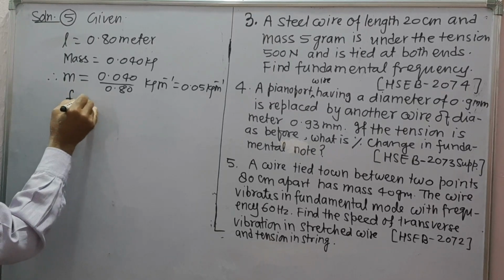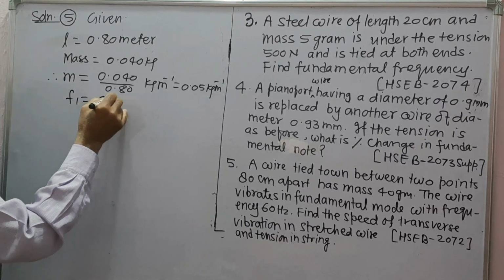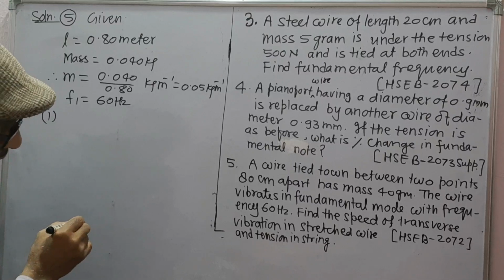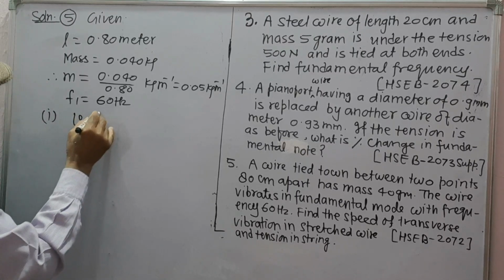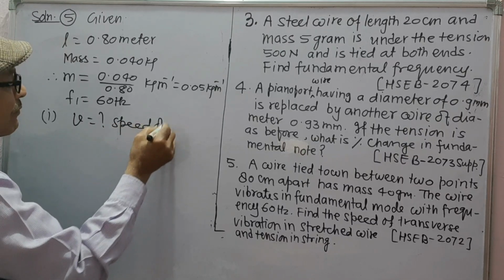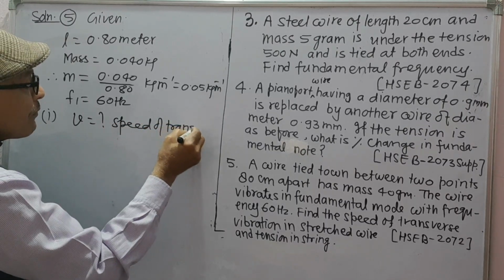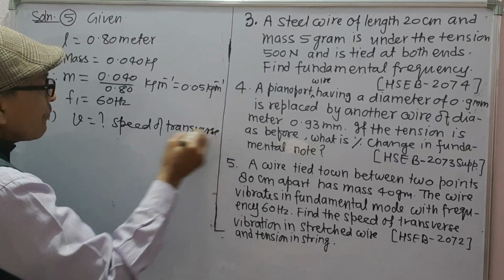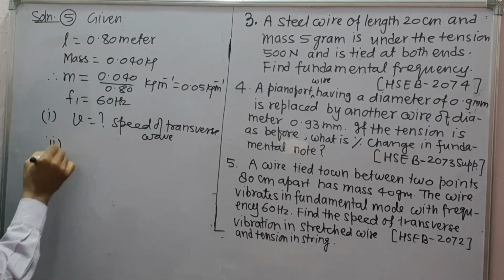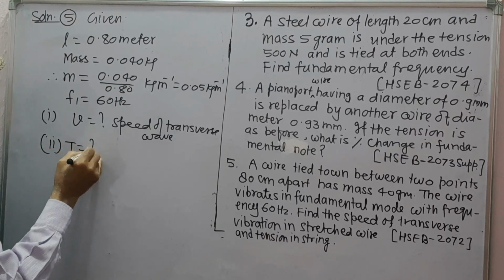Fundamental frequency F1 is 60 Hz. We have to find the speed of transverse wave in the string and the tension in the string.